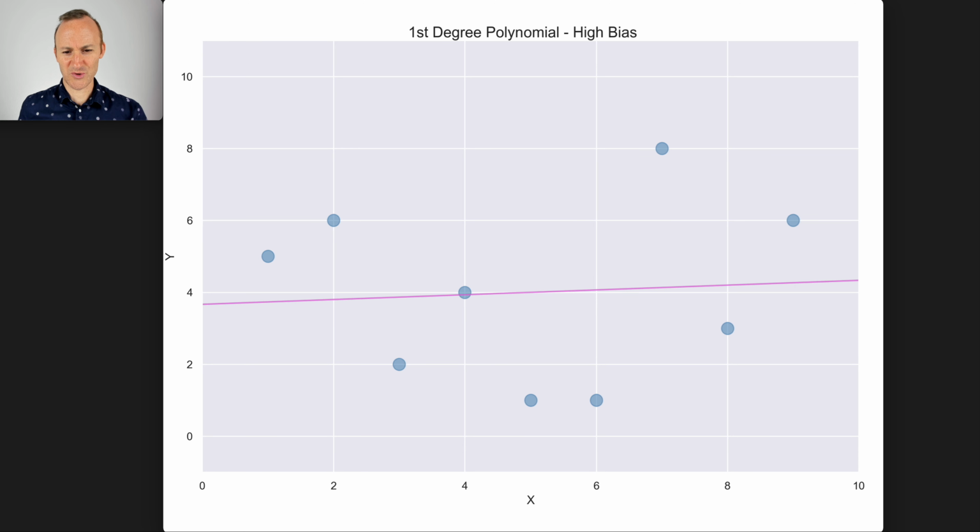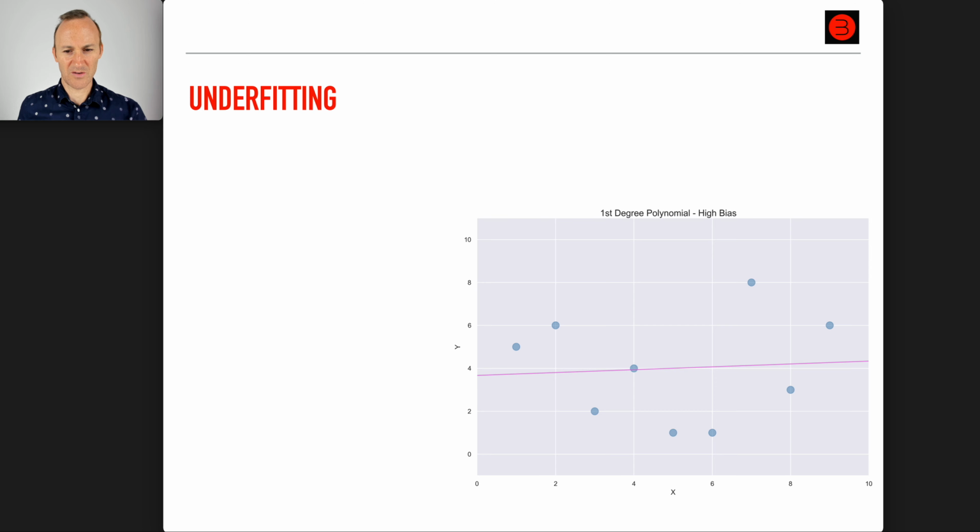This is the line of least squares, and you can see it doesn't really pick up on the pattern in the data. So this is what we call underfitting the data. The regression line fails to pick up on nuances of the data. Regression lines sometimes may work great, but in this case, yeah, it's going up a little bit, but you're not getting a whole lot out of that information.